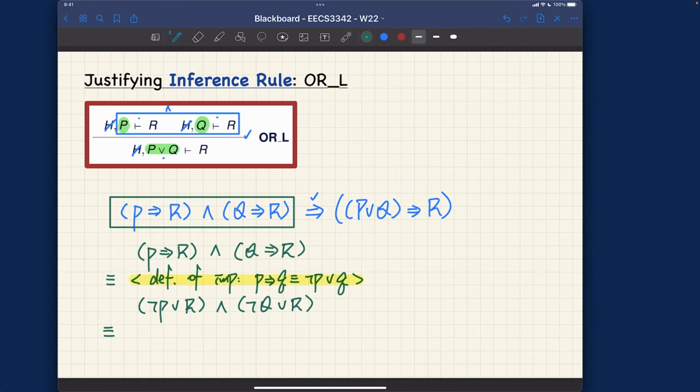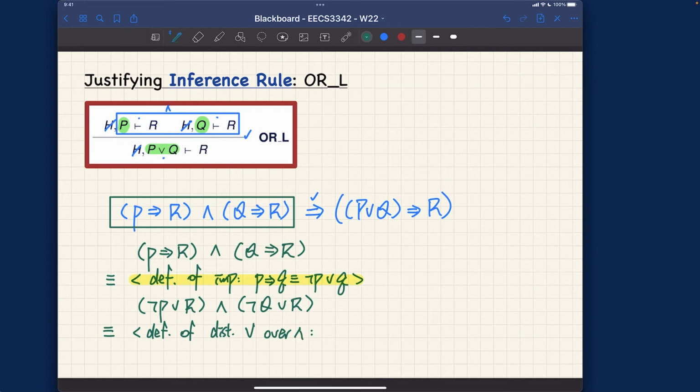the distribution of or over and. Definition of distributing or over and. Okay, what does that mean?